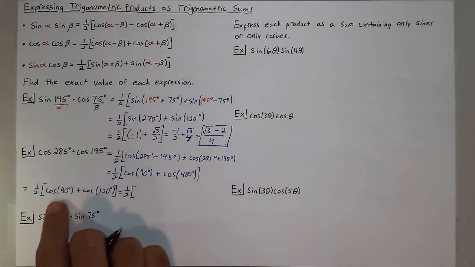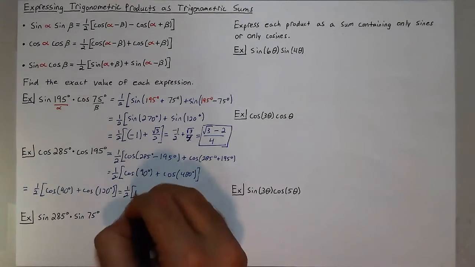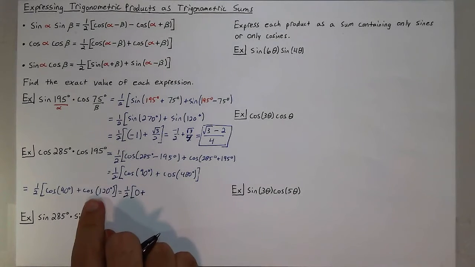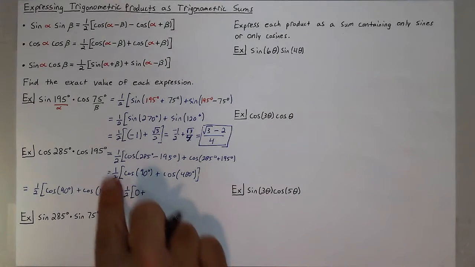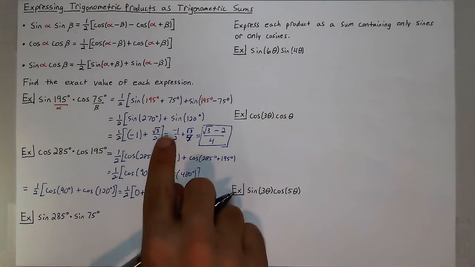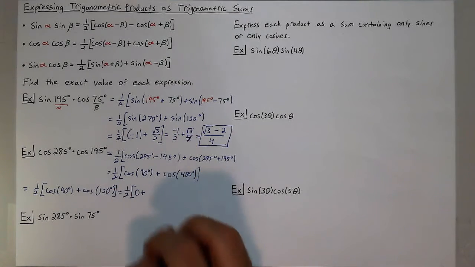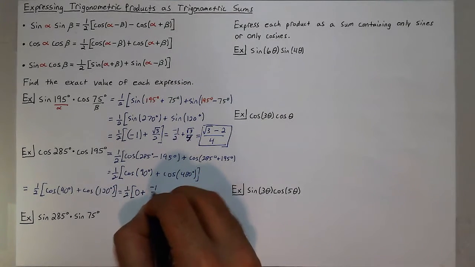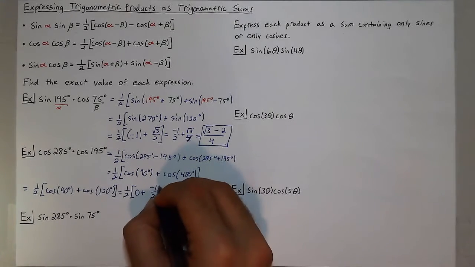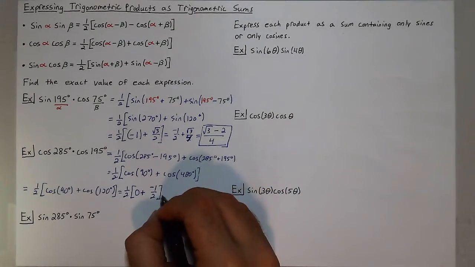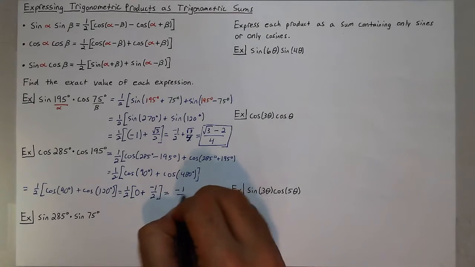So cosine of 90 degrees is 0, plus the cosine of 120 degrees, which is the upper left, same angle as before for sine. So that's going to give me -1/2 for cosine. Multiplying this together gives me -1/4.